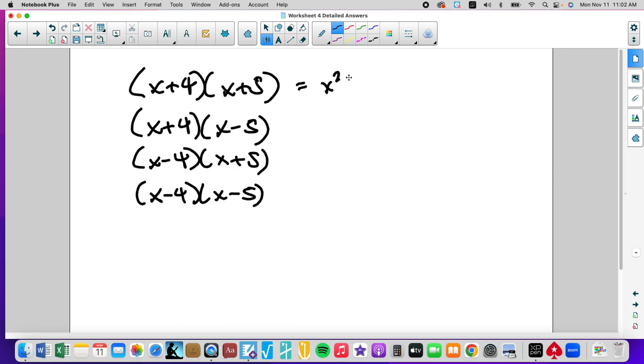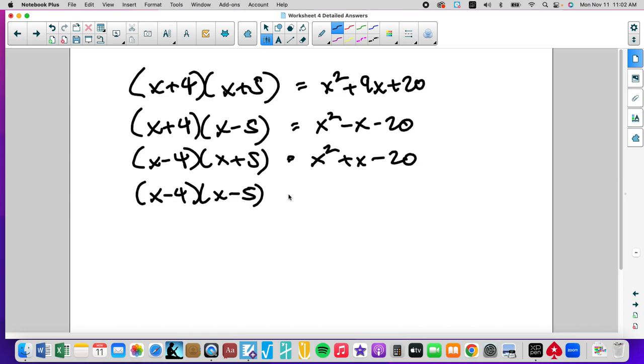This is x squared plus 9x plus 20. This is going to be x squared minus x minus 20. This is going to be x squared plus x minus 20. And this is going to be x squared minus 9x plus 20.